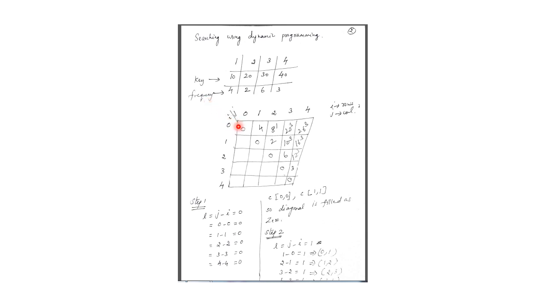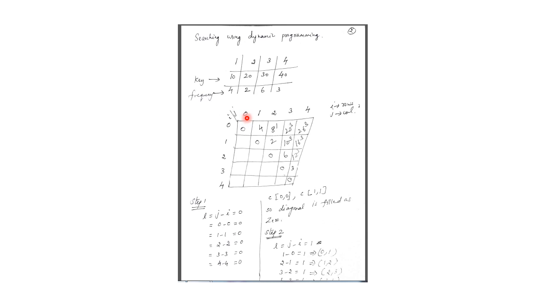Then by using this key value and the frequency value, we have to create a table. In the table, we have to compute the optimal value and we have to store the optimal value in the table. Here i is considered as the row and j is called as the column.